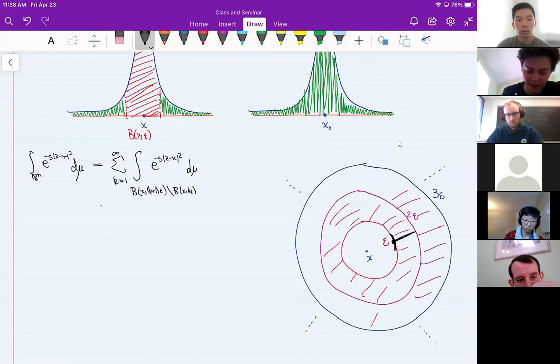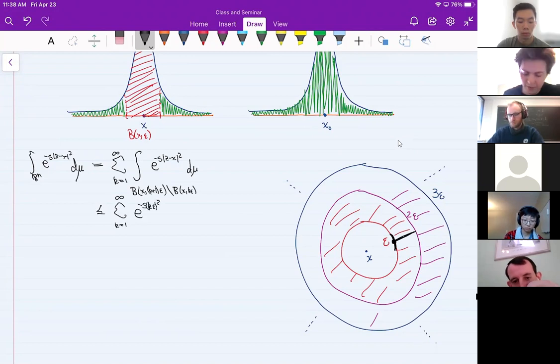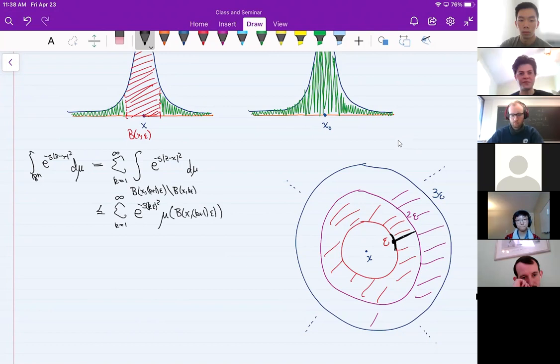I can bound this above by e to the minus s k epsilon squared, taking this to be constant on the annulus, and then take the measure here.